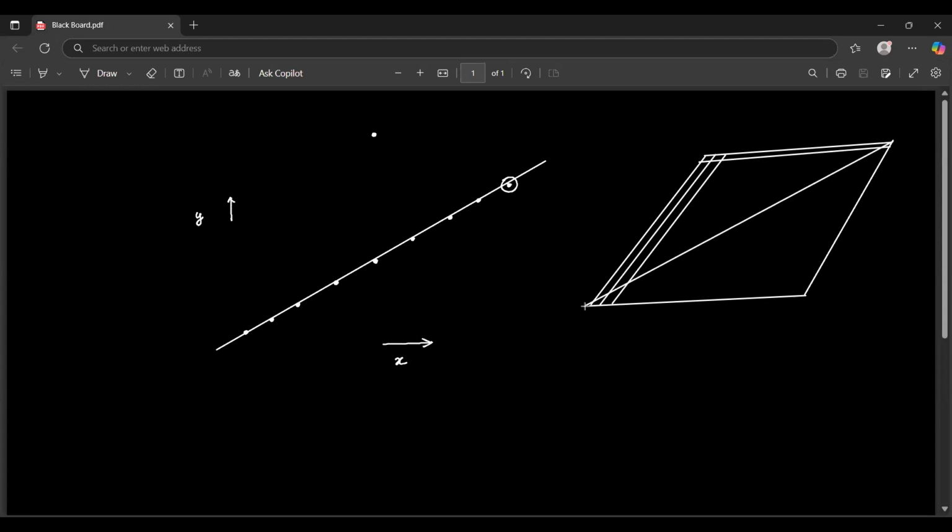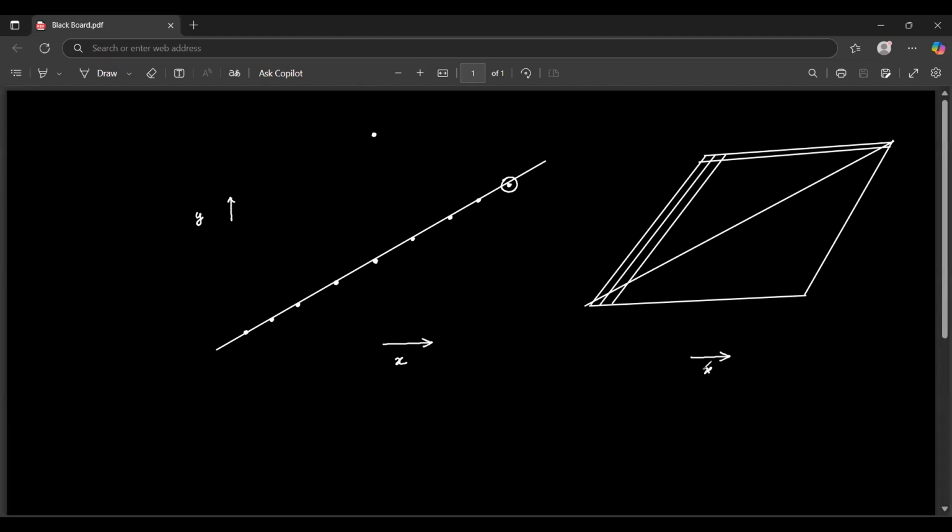We don't know the direction. There are infinite possibilities, and a plane is made up of an infinite number of lines. Each of these lines has an infinite number of points, which means a plane has an infinite number of points.